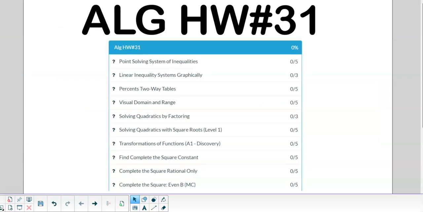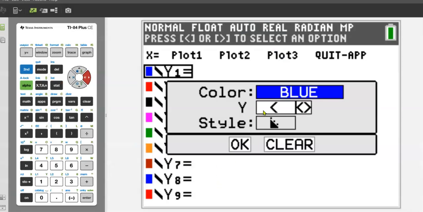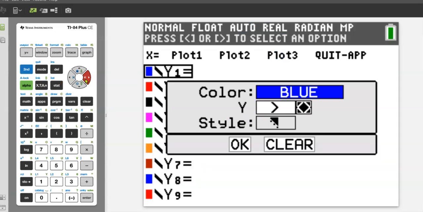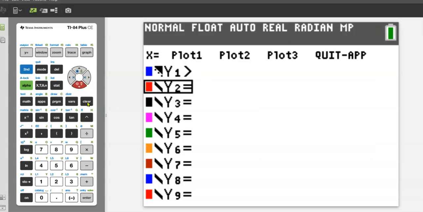So let's see, we had greater than negative 4x plus 4. So I would arrow over again, greater than, and then I would click OK.